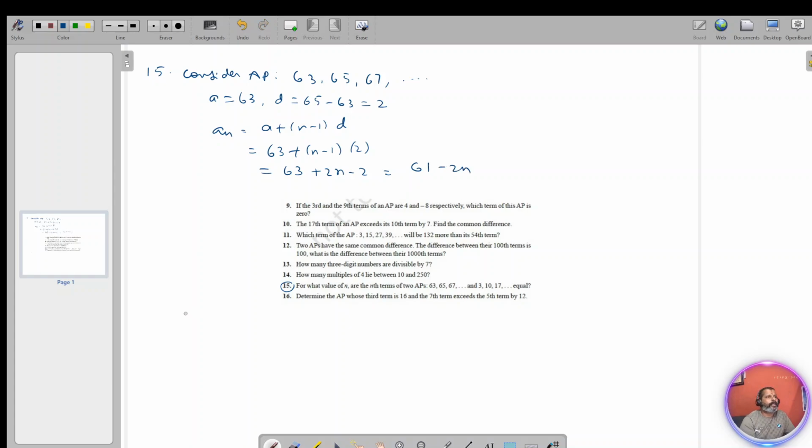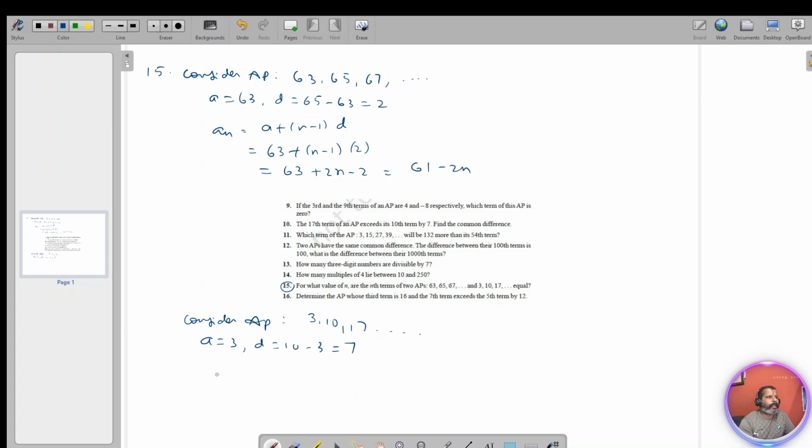Okay. Consider another AP here. Consider another AP, 3, 10, 17 they are given, right? Similarly, you get AN for that. 3, 10, 17, and so on. Here A is 3, D is 10 minus 3, 7, right?